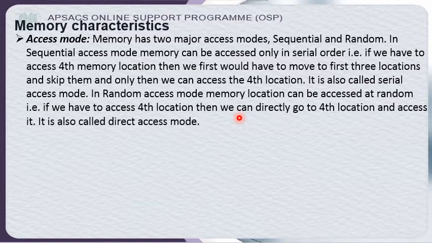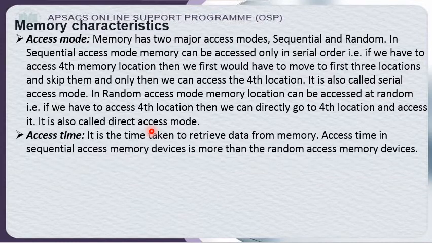So you directly click on the end scene and your movie starts from there. Understand? That mode is known as random access mode, or another name for that is direct access mode.